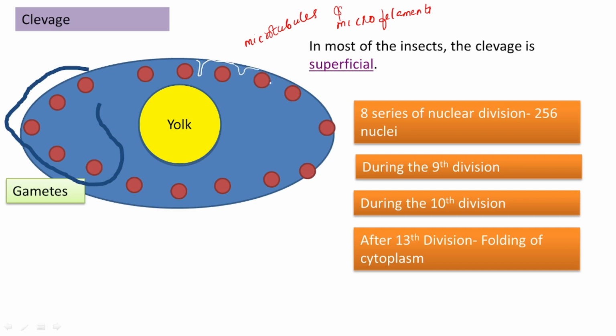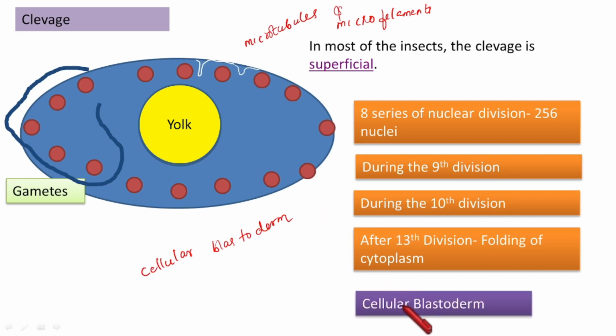As a result of this furrowing, later a cell membrane will form for each nucleus and the embryo becomes a cellular blastoderm. That means each and every nucleus at that time gains its own cell membrane.